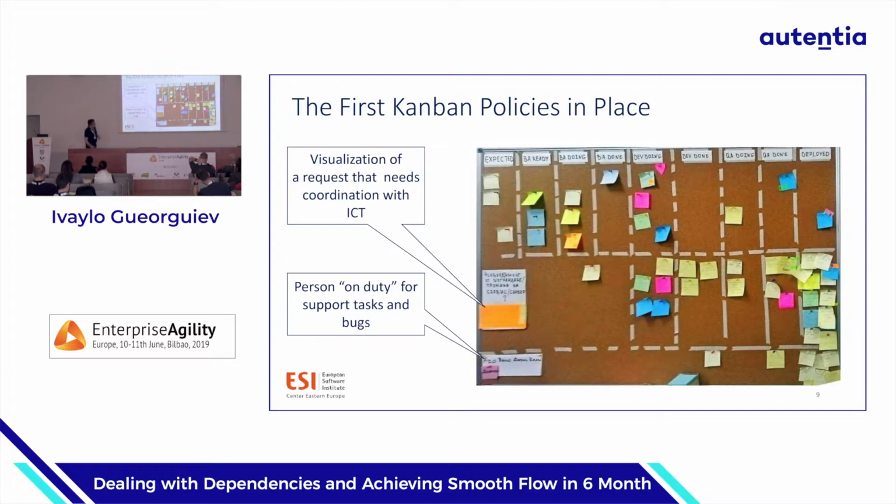So the idea here was we have this backlog of small stickies, and when the BAs, and in many cases the developers, understood that they would need extensive cooperation with the ICT in order to deploy it, they put the sticky here.